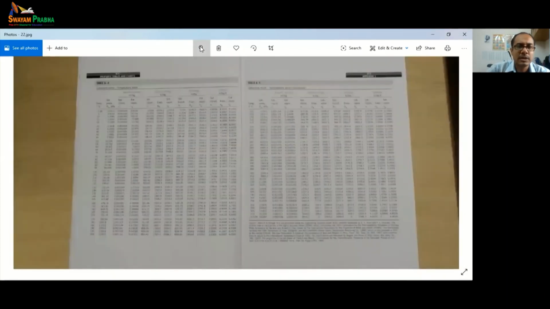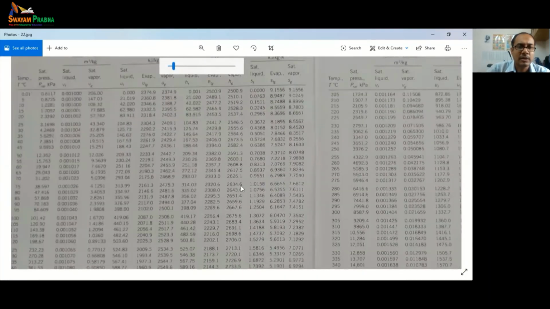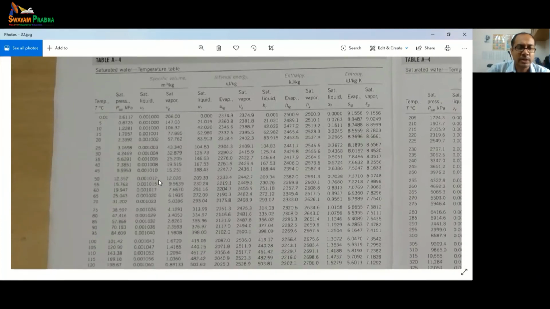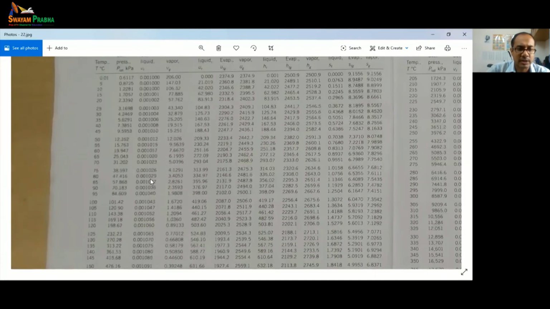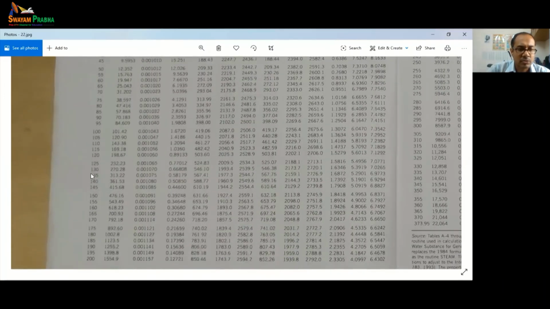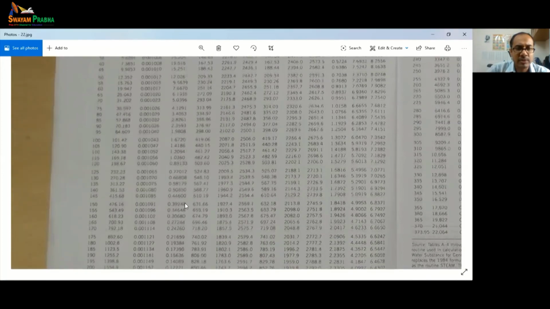This is the saturated water table, the temperature table, and the value we require is corresponding to 200 degrees centigrade. In the first column, the last entry of this page is 200 degrees centigrade, and we require vf and vg.